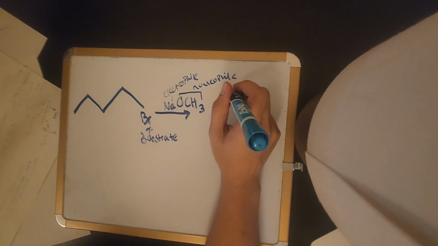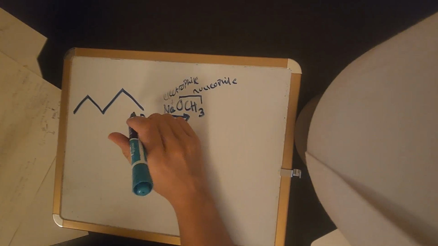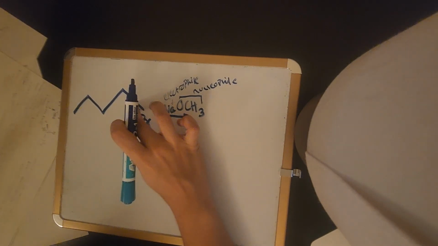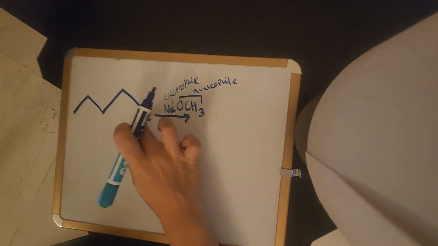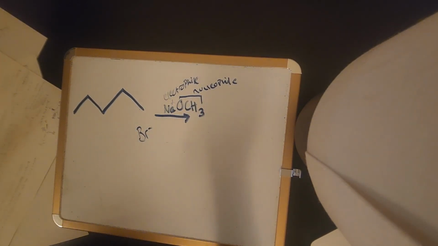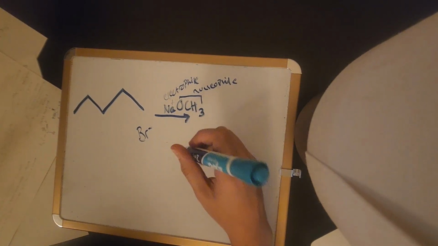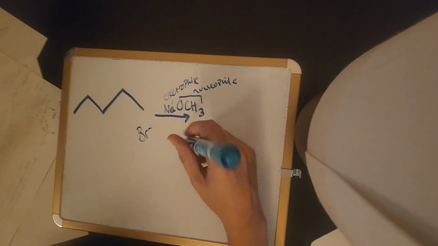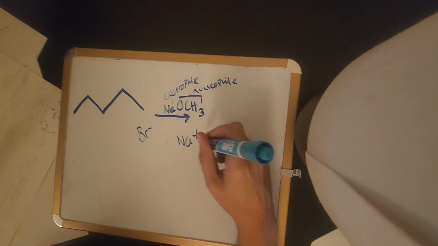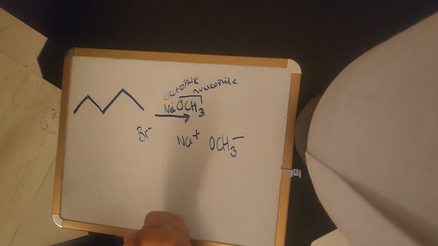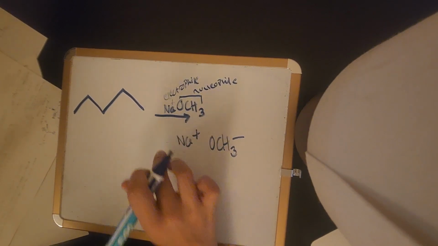After that, we're going to remove Br. Br is like, hey, give me my electrons. I want to go. And then what we're going to do is dissociate this into Na plus and OCH3 minus, and we're going to attach the nucleophile.